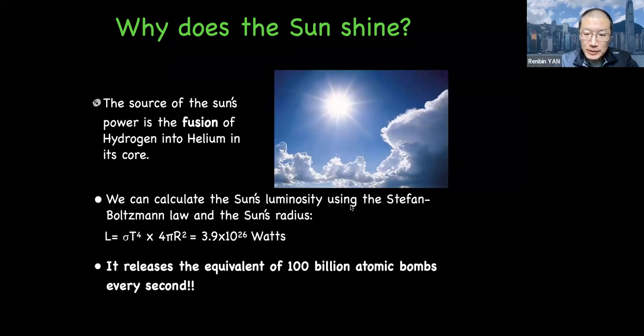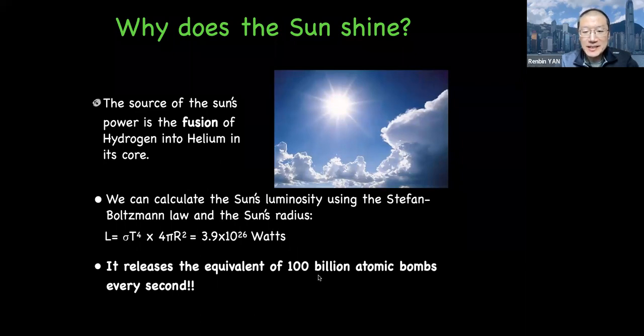That luminosity can be calculated using the Stefan-Boltzmann law and the sun's radius, because the Stefan-Boltzmann law says that the energy flux per unit area is proportional to temperature, right? So you multiply the flux per unit area with the total surface area, and that gives you the total luminosity. And that is a very large number, about the equivalent of 100 billion atomic bombs every second.